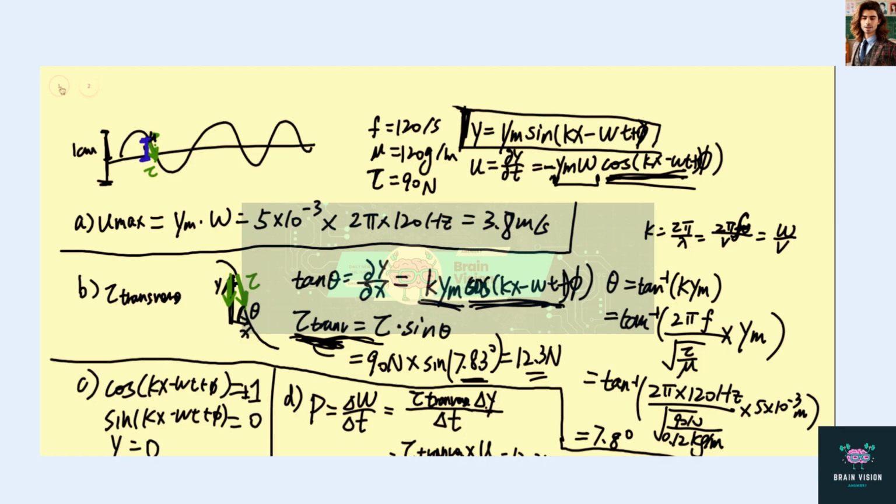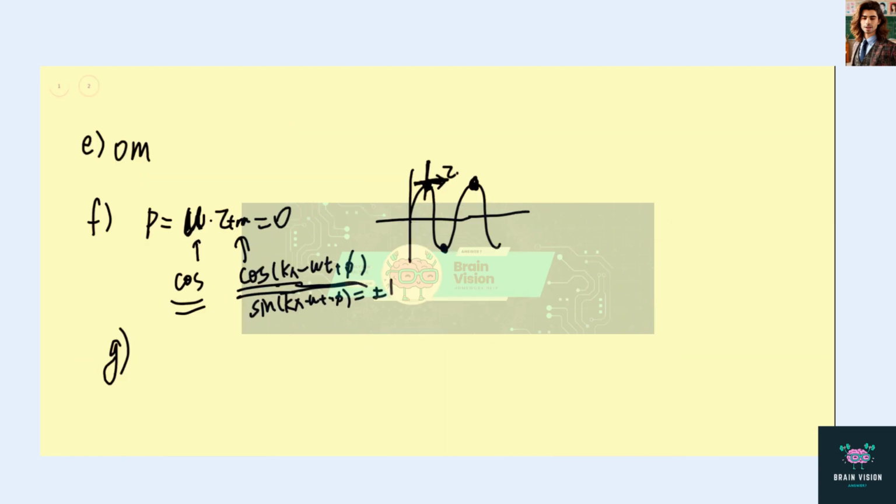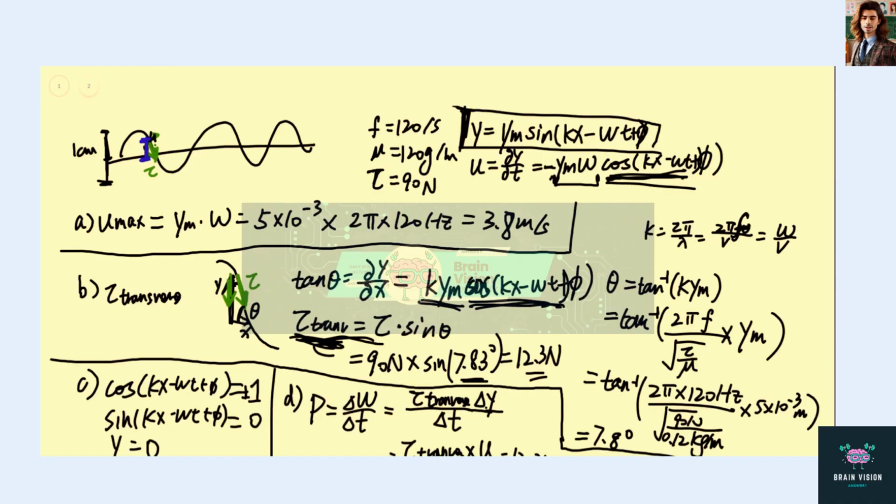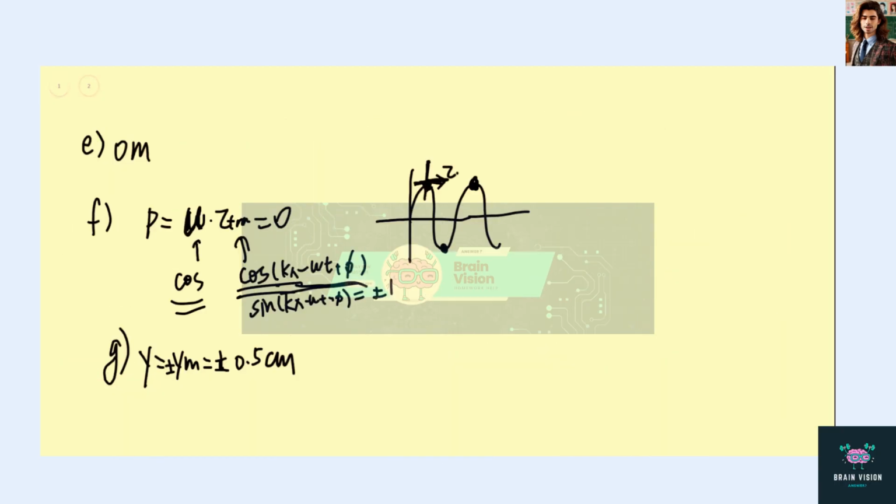If we choose this equation, it will be the maximum possible when it happens, and it could actually be positive or negative. So it could have a negative value, which is positive or negative 0.5 centimeter. Okay, so these two are the solutions for this question: this is parts A to D, E to G.